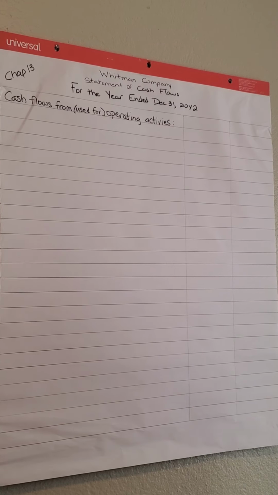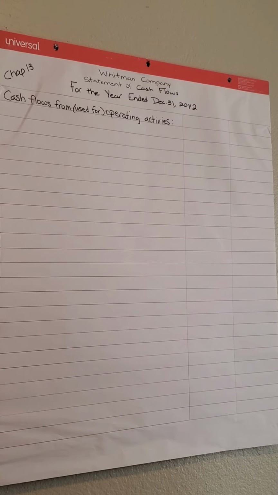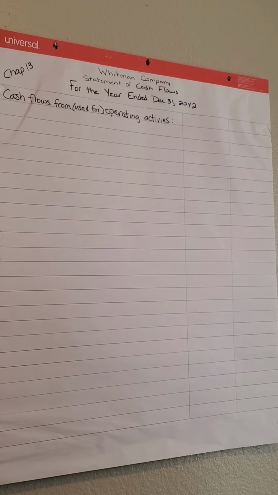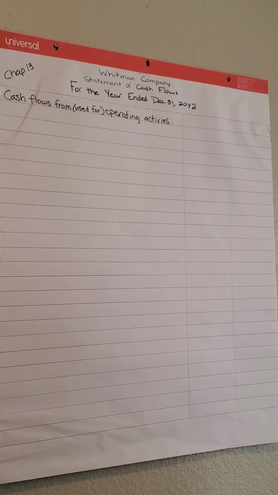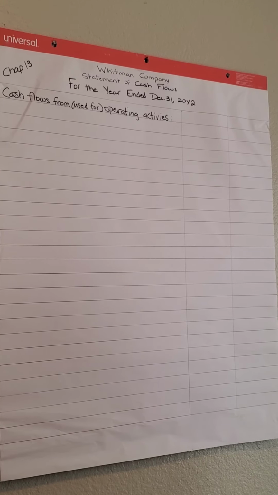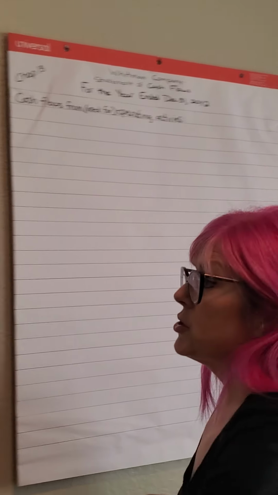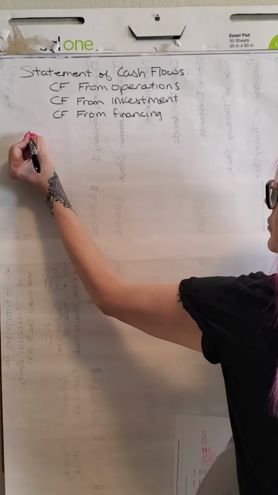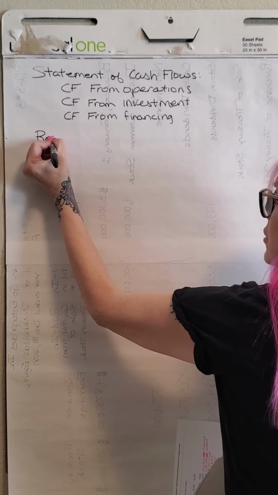So where you want to go is you want to go to the retained earnings ledger account in your homework. And if you look on the retained earnings ledger account, what you're going to see is on December 31st, they show a net loss.